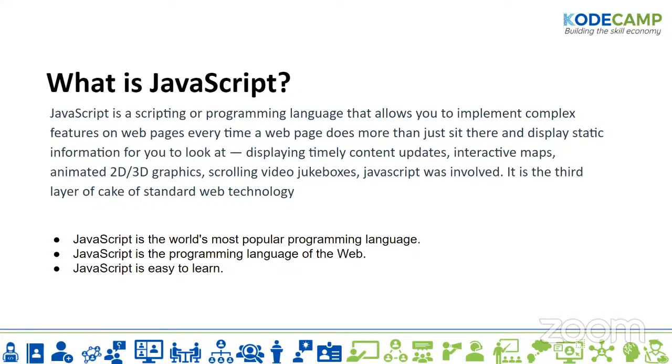You see maps that are interactive, where you can click on a particular place and then something happens. That is still JavaScript. When you talk about 2D, 3D graphics, scrolling of videos and all of that, JavaScript is involved.